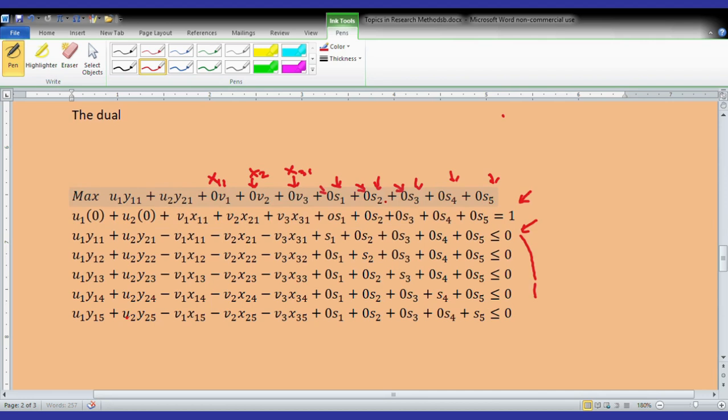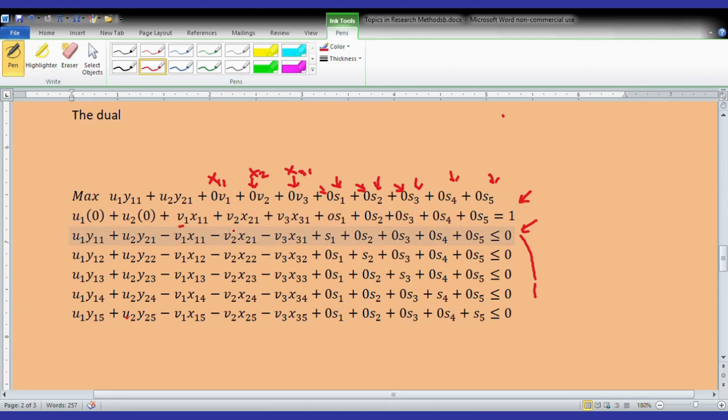so that they will be equal to 0 for this objective function. Then the first constraint with respect to which we are maximizing does not contain any output, neither output 1 nor output 2. So u1 multiplied by 0 plus u2 multiplied by 0, but it contains inputs. So this weight variable will be having a coefficient x11.